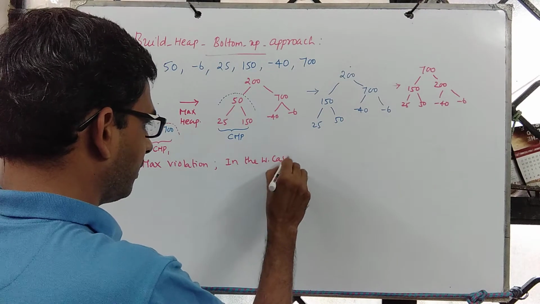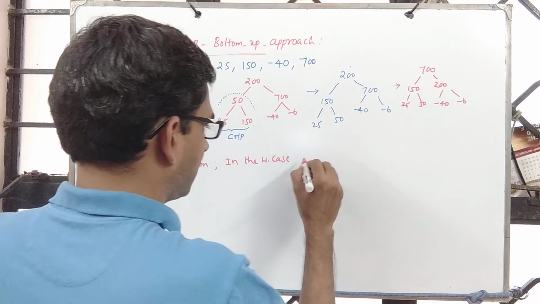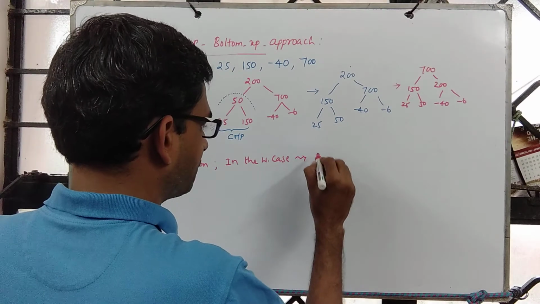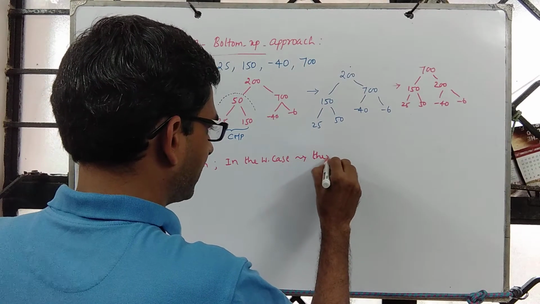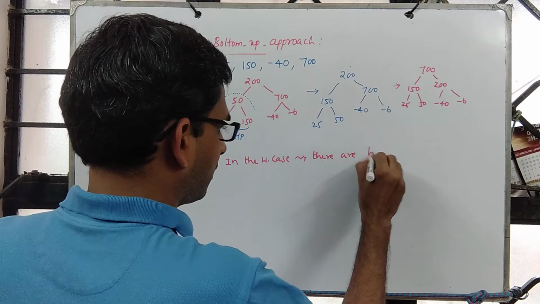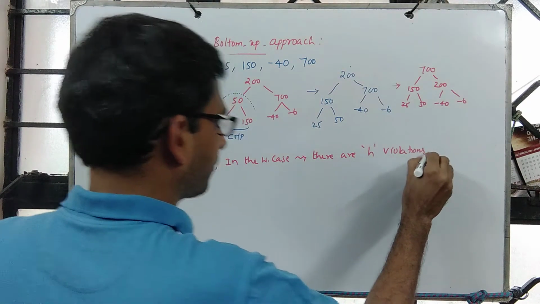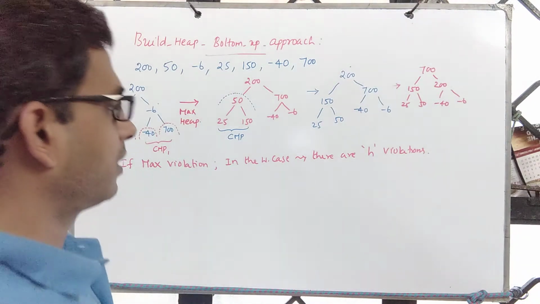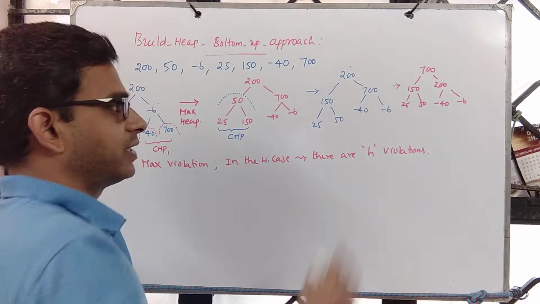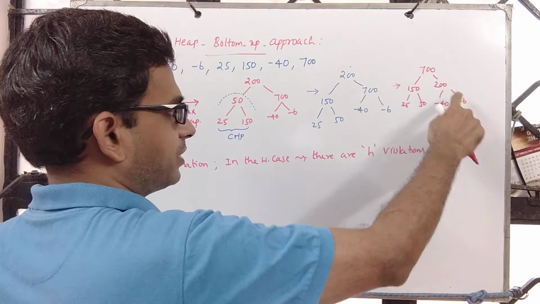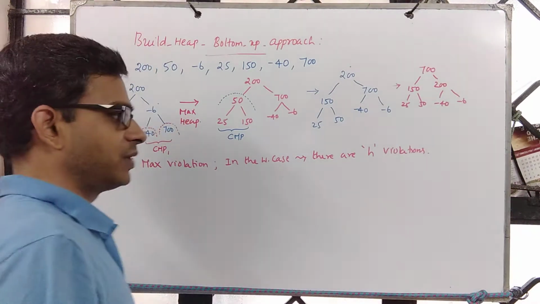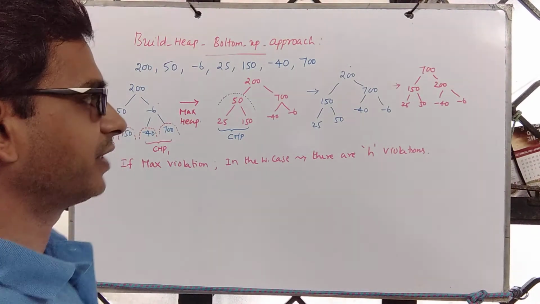In the worst case, violation can happen at H places. There are H violations. Correct? So there is a violation at this place, there is a violation at this place, and so on. So there are so many violations.